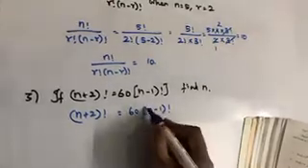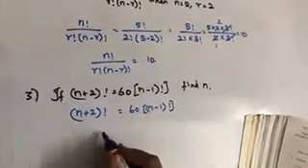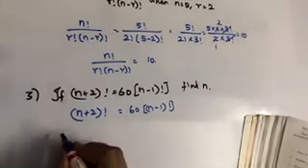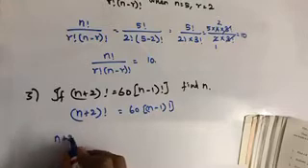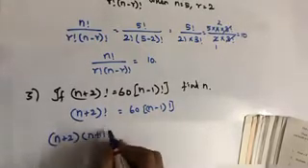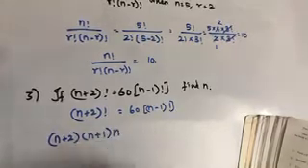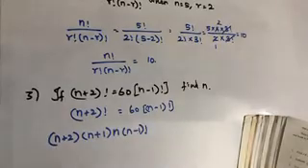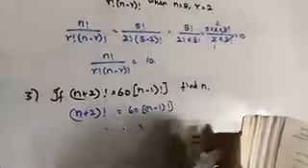Okay. So n plus 2 factorial can be written as n plus 2, then n plus 1, and then n minus 1 factorial. Okay. So can you understand?